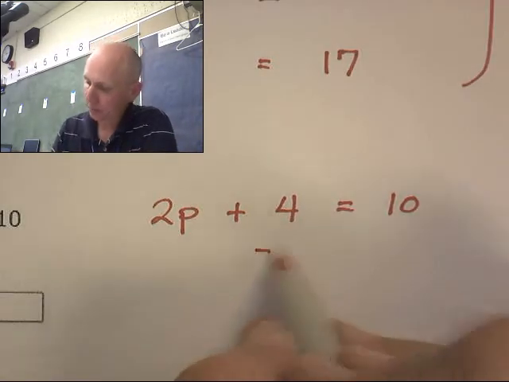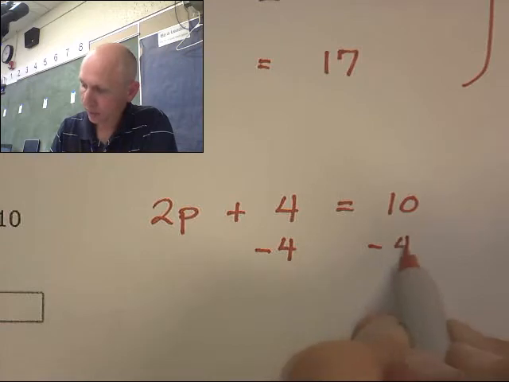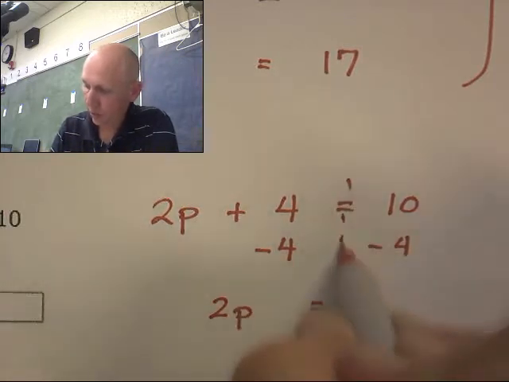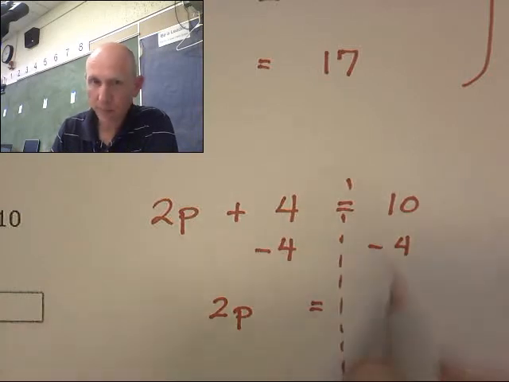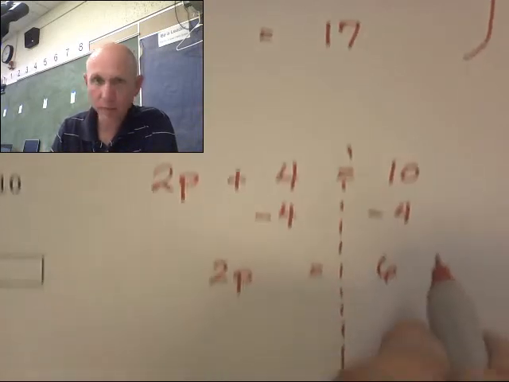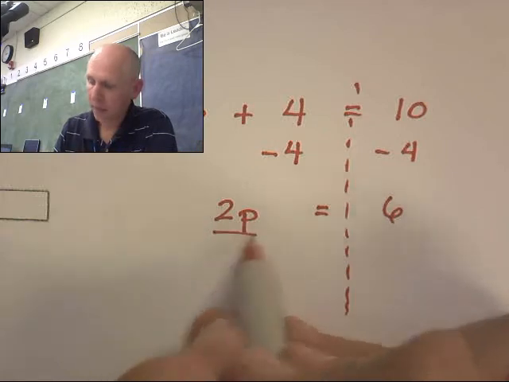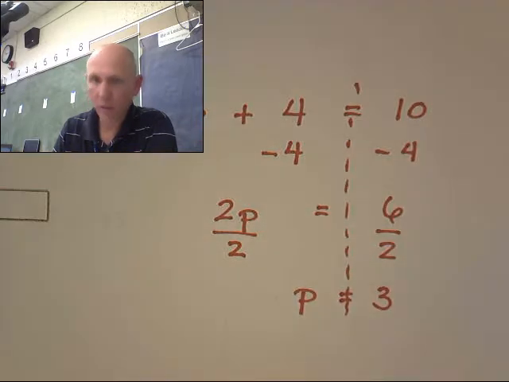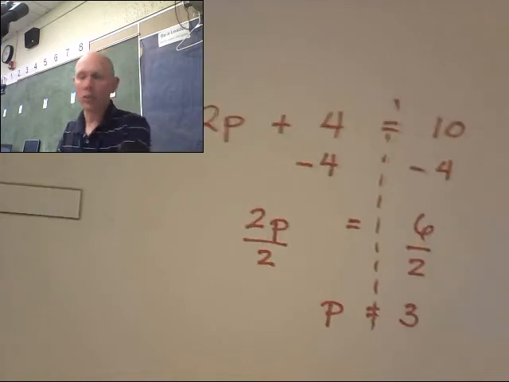Let's solve it. Subtracting 4. 2p equals 6. Dividing by 2. P equals 3. We added one thing to it, a little distribution.